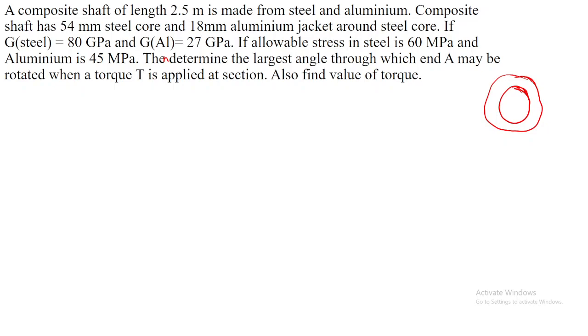Yes, 18 mm is the thickness. Actually this is a kind of core and cladding. This is the steel core, and this is the aluminum clad. So this is 54, and this is 54 plus 18, which is 72, the outer diameter.